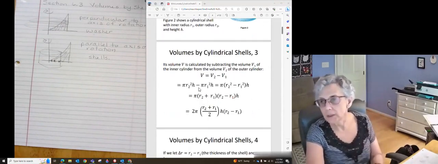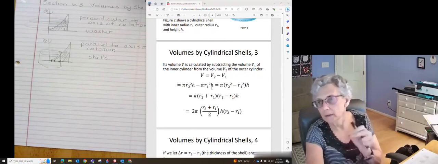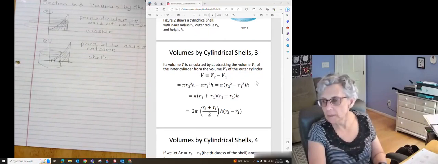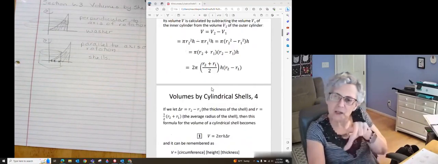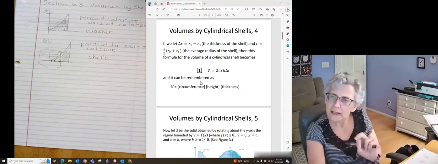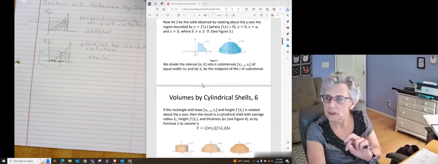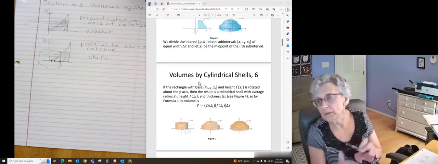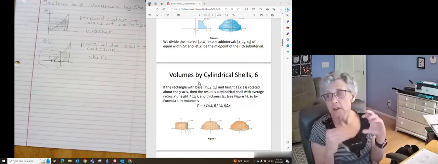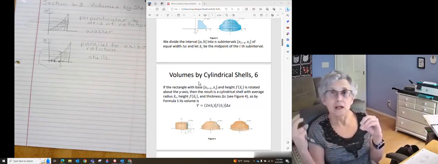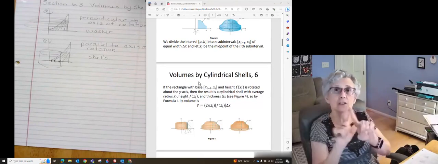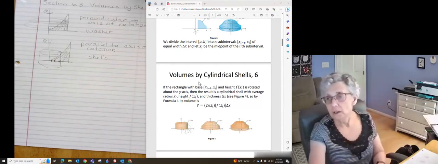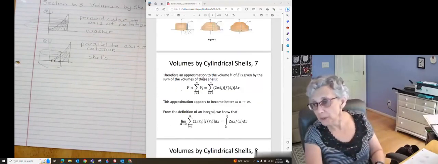So you have pi r squared h minus pi, the outside radius minus the inside radius. But when you do all of that and average them out, what helps me to remember it is you come up with the surface area, 2 pi r times the height, which is actually the surface area of one of those shells.